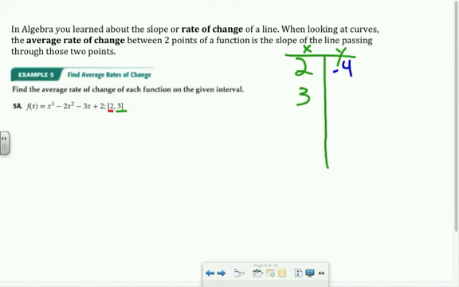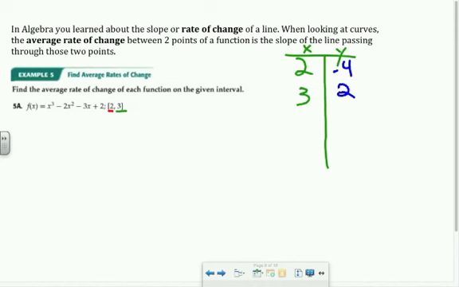Plugging in 3, I have 3 to the third minus 2 times 3 squared minus 3 times 3 plus 2. And that's 2. So my 2 points that I'm finding the slope between are 2, negative 4 and 3, 2.